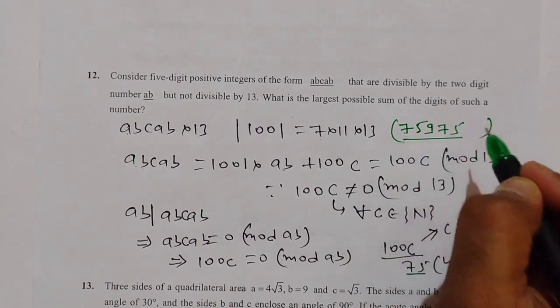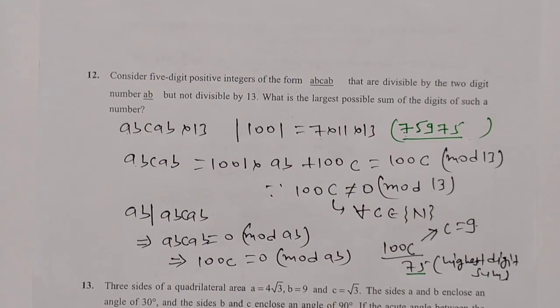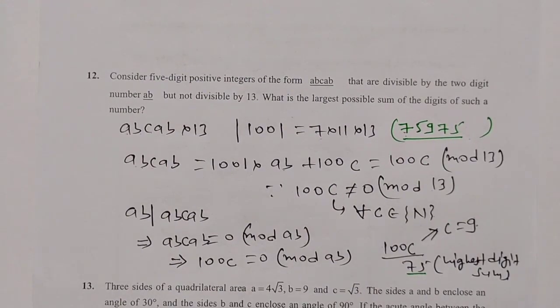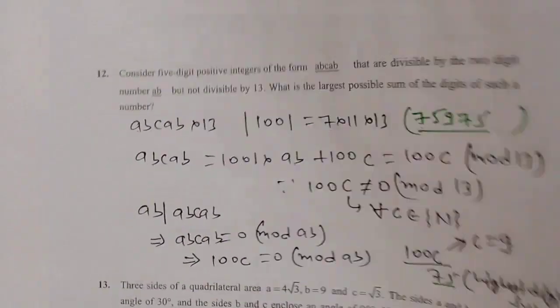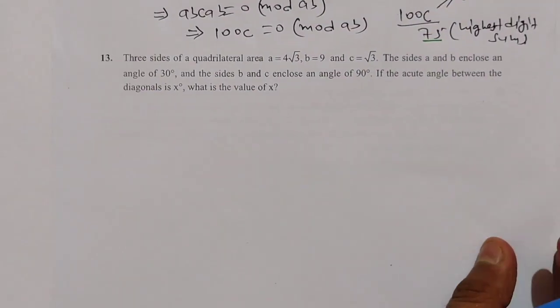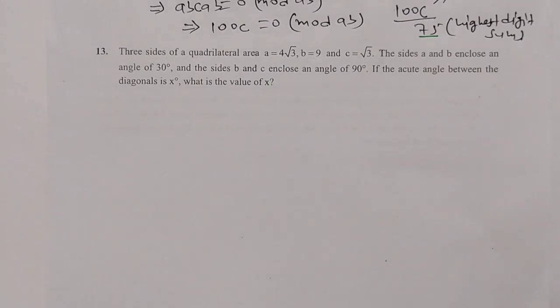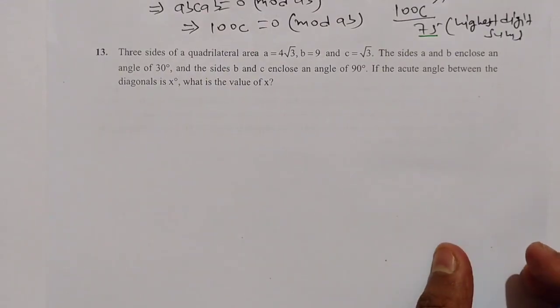So 75975 is the 5-digit number. Now we have problem number 13.